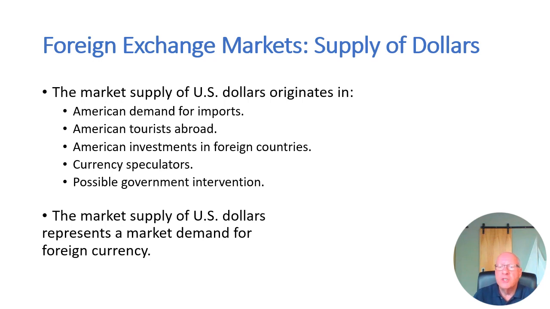For all of those reasons, if you're going to buy the foreign item, you have to bring the US dollar to the market and supply it in return for the foreign currency you're trying to buy. And of course, the currency speculators and government intervention all apply here as well. So remember now, the market supply of US dollars represents a market demand for the foreign currency.